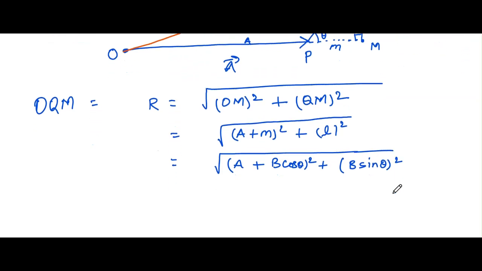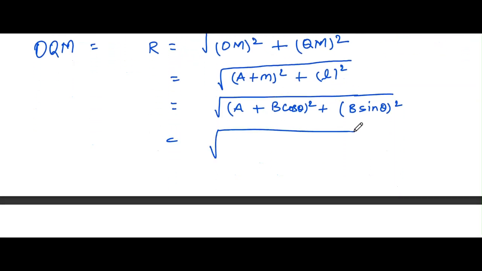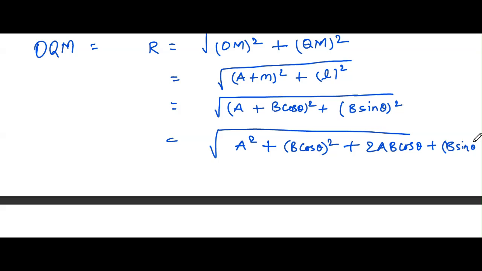And then we can proceed. So here we will get A square plus B cos theta whole square plus 2AB cos theta, and then we have B sine theta whole square.